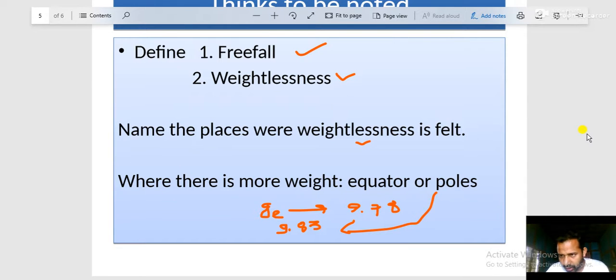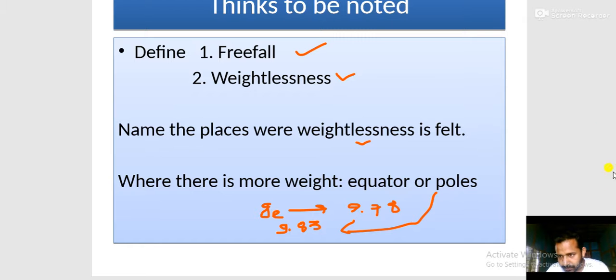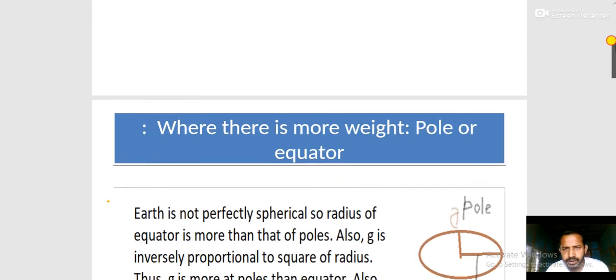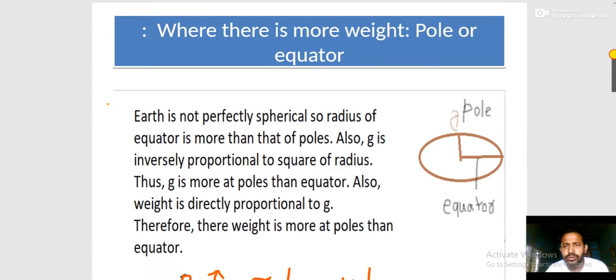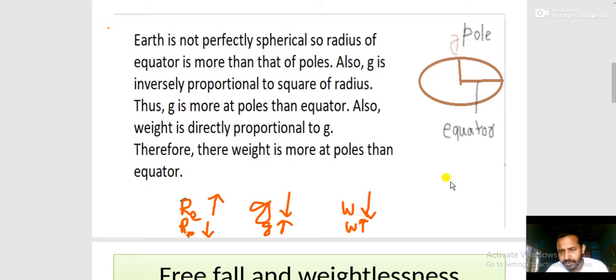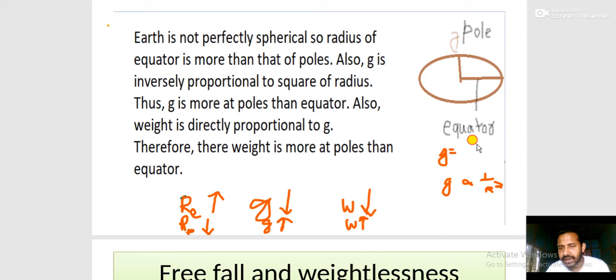Okay, let's go up. Where there is more weight, poles or equator? We have learned this formula: g is inversely proportional to 1 by r square. How we got this one: g equals GM by r square, and G and M are constant.